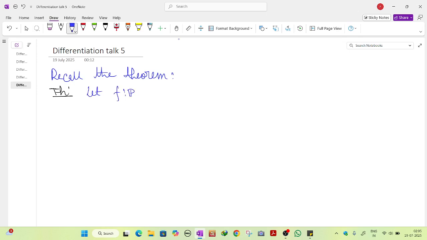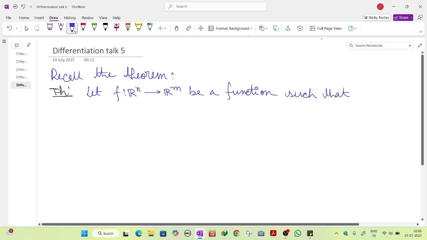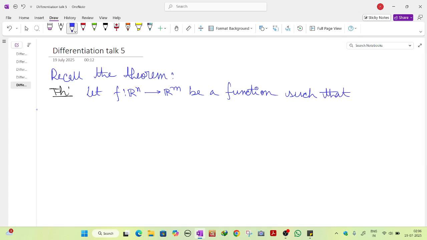Let f be a function such that f equal to (f1, ..., fm), where each fi is a map from Rn to R. What is the derivative of the original function in terms of the component functions? It is a linear transformation.